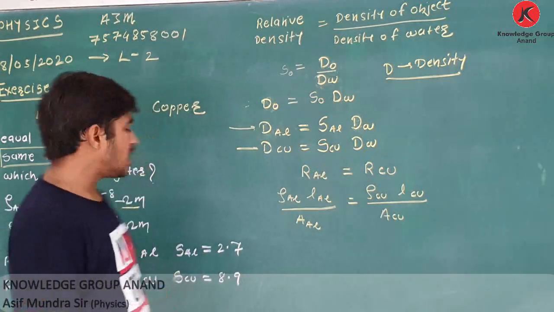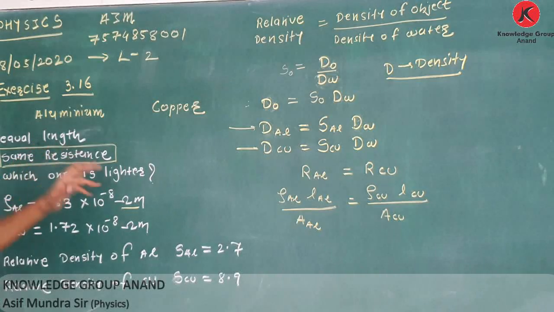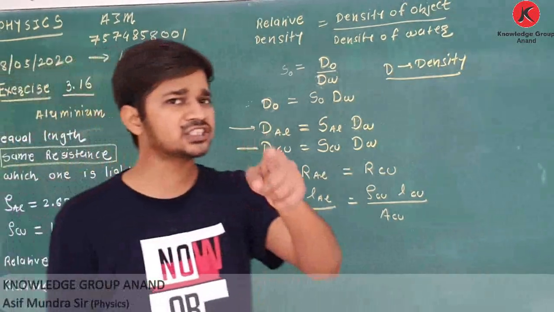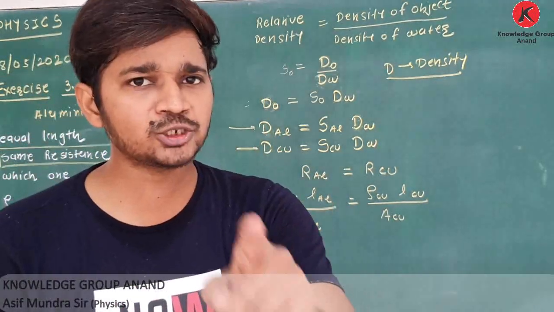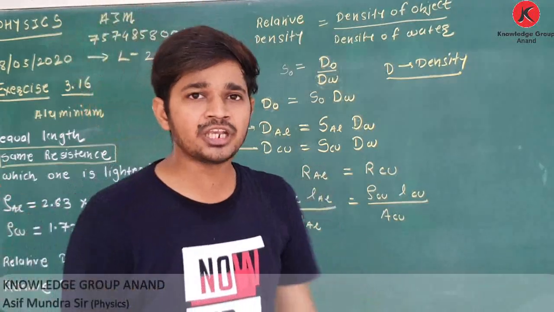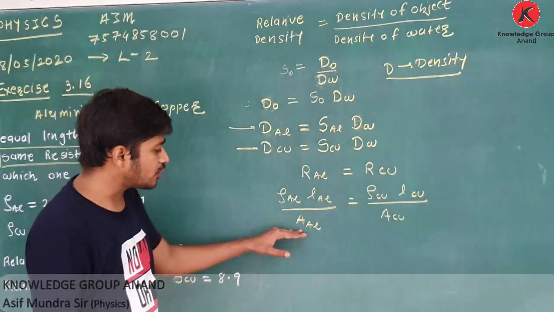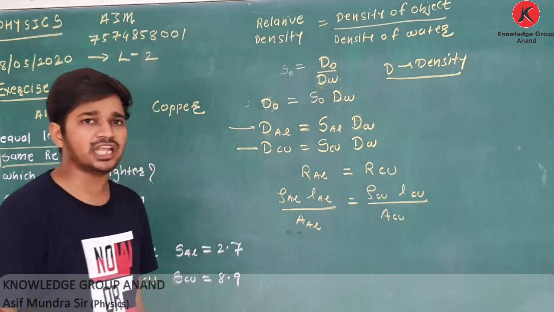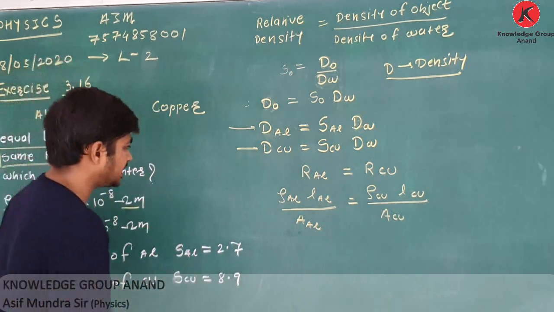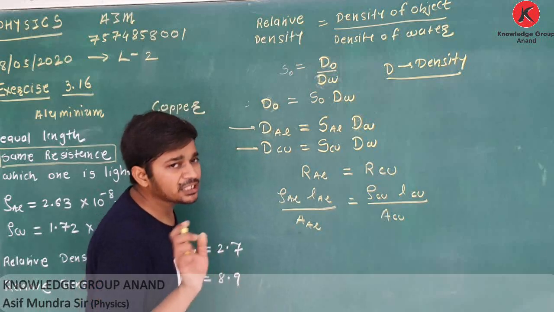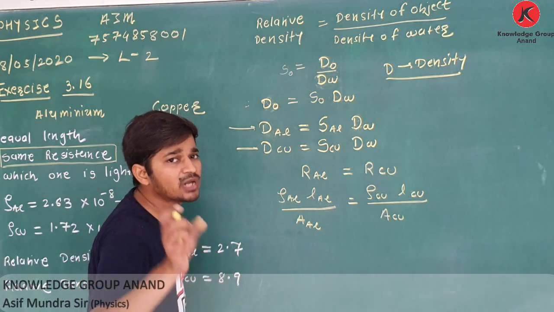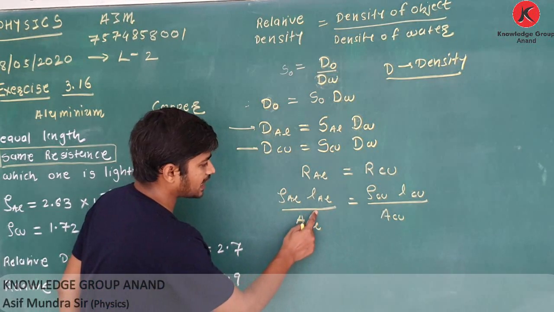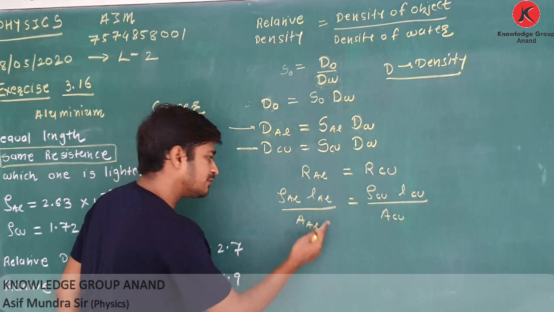And yes, you are given the relation of length, but you are not given the relation of cross-sectional area. So here you have to eliminate the cross-sectional area. How to eliminate it? See, here I am multiplying this side with length and dividing with length.